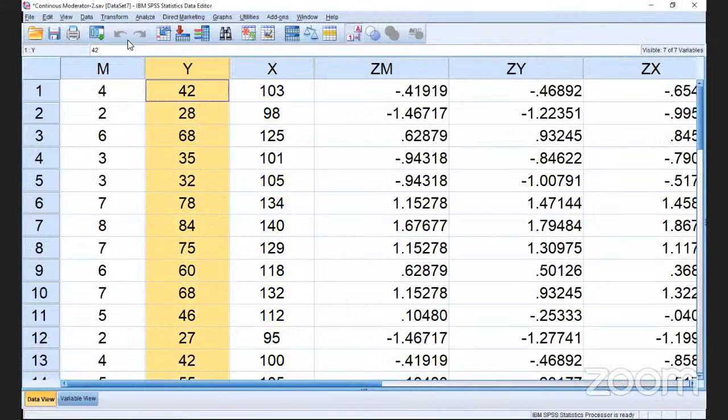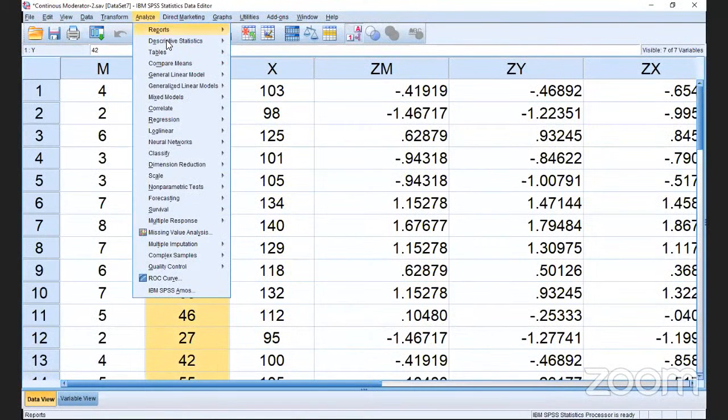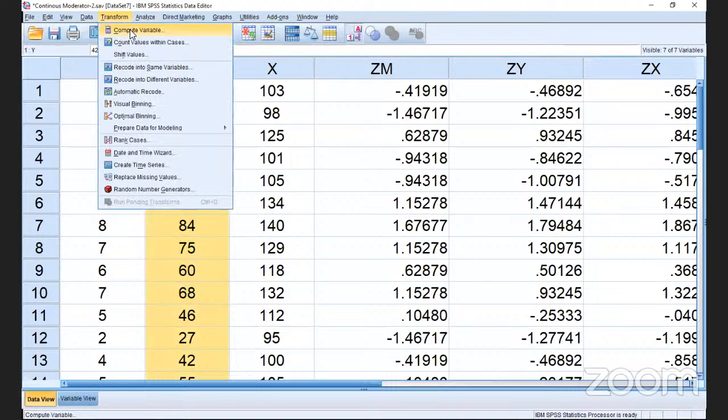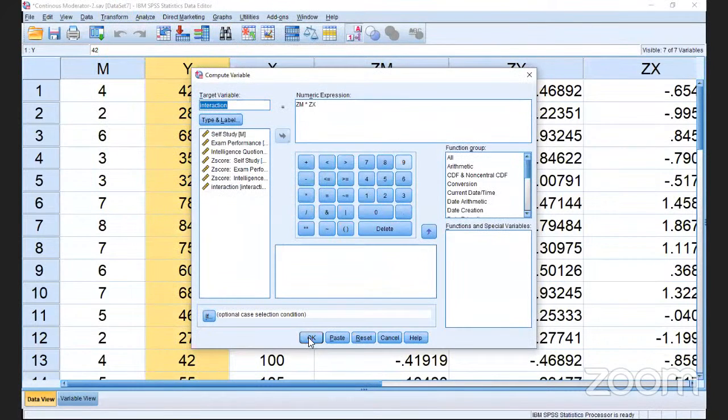We can take the interaction of these. Here we can create the new variable, compute variable, and interaction, int, of self study and exam performance.